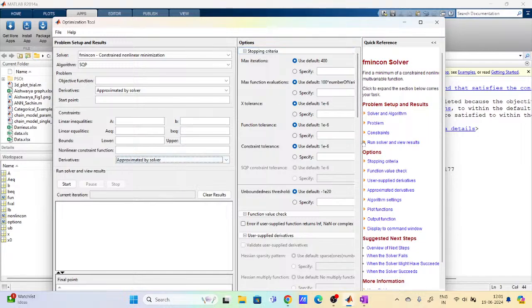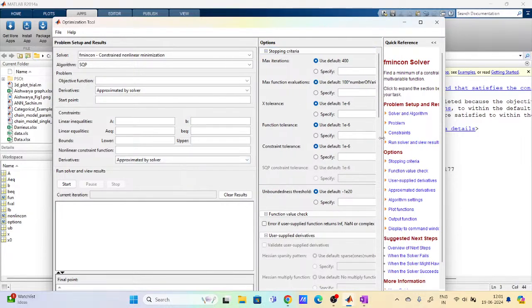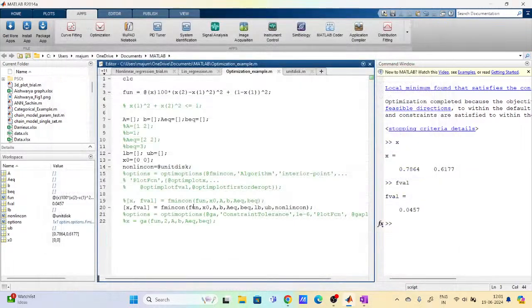Here different graphs are there, according to the algorithm: each and every iteration, how the algorithm works, how many iterations are needed, and at every iteration the graphical plot function is created here. That is why we are using these options.